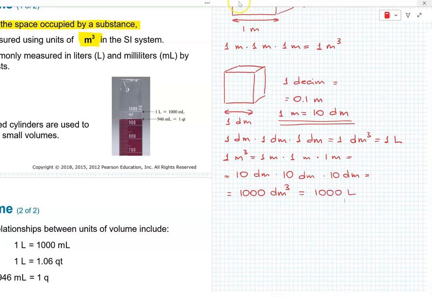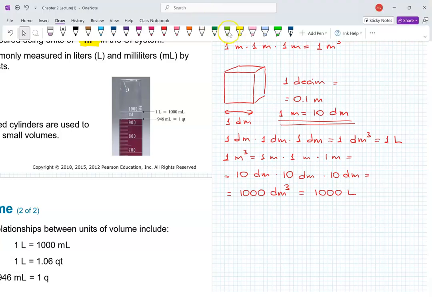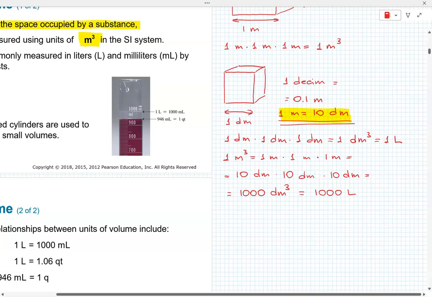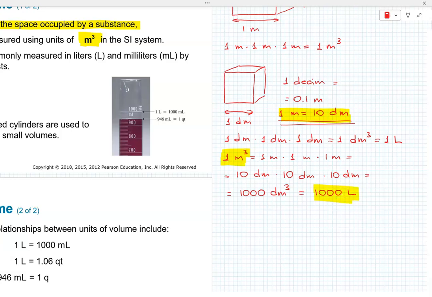So I'm going to highlight some of the relationships here. This relationship. And now check this out. This relationship. 1 cubic meter contains 1,000 liters. Okay, sounds good?